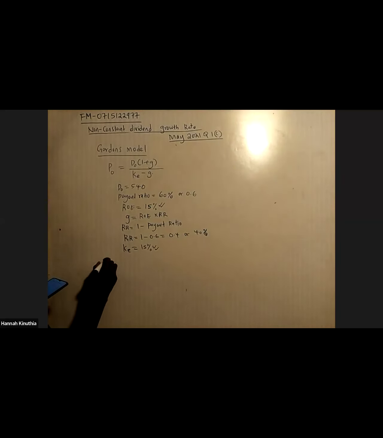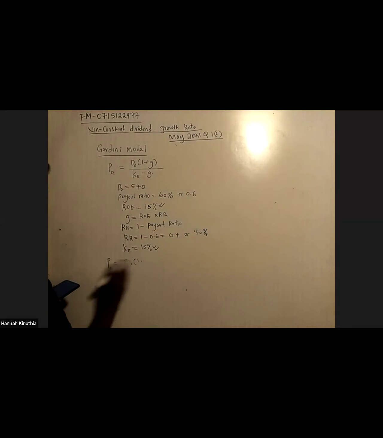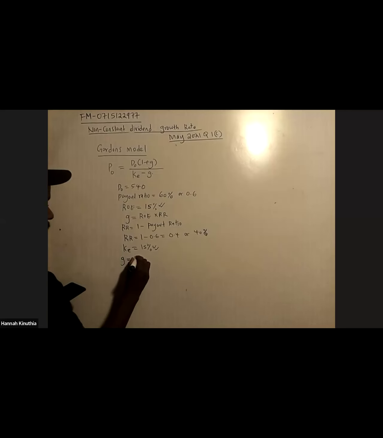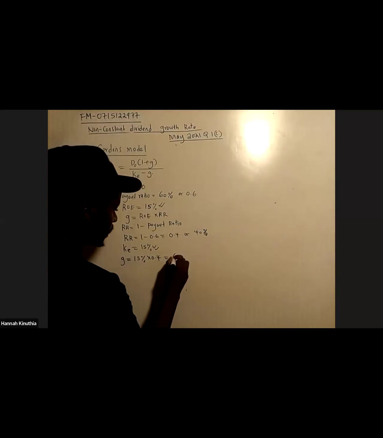So let's find the P0. It will be 5.4 (1 plus g). What is g? Let's find g. g will be 15% times 0.4, so 15 times 0.4, which is 6%. I think there we are fine.